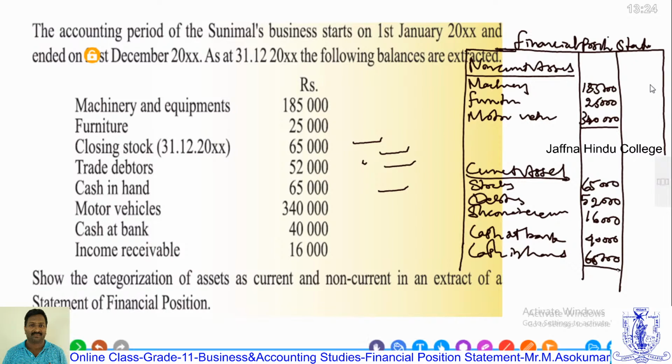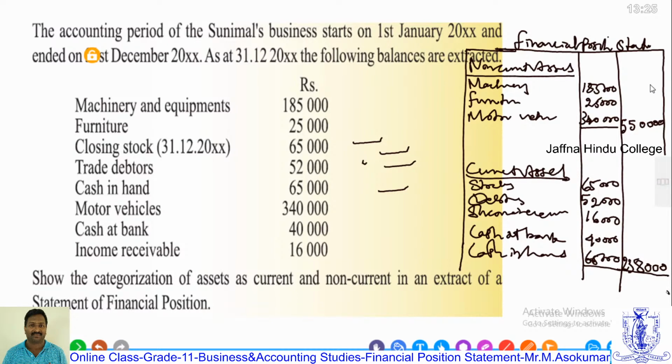First, the non-current assets value is 550,000. The current assets total is 238,000.